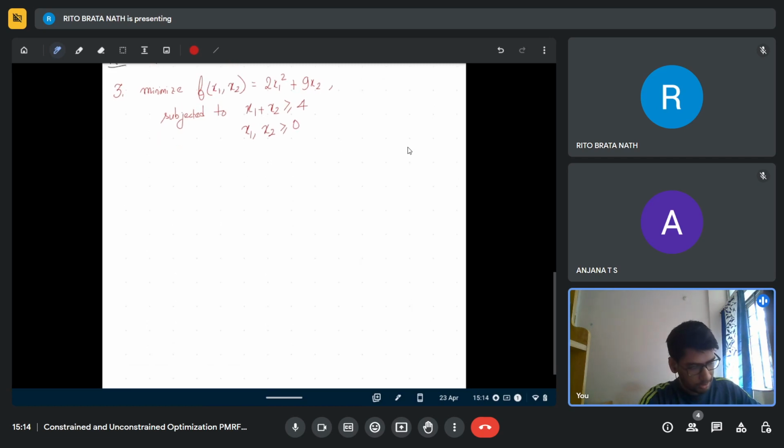You have to solve this optimization problem using the interior barrier function method.